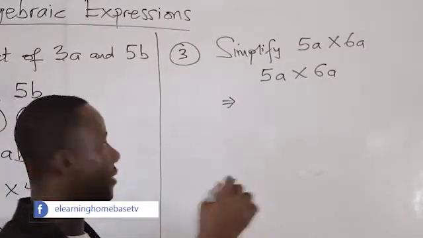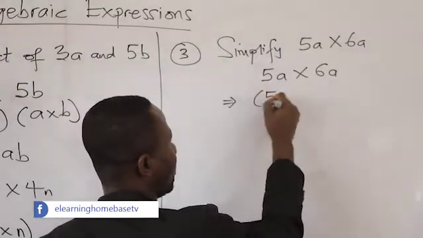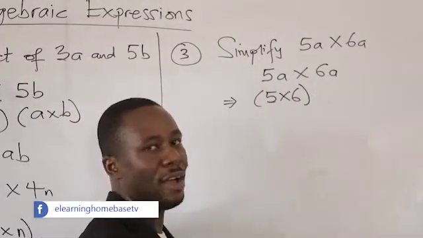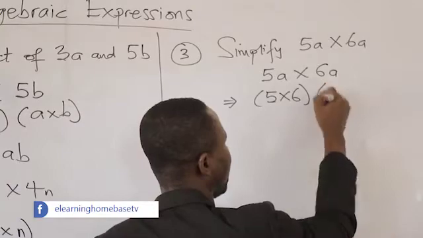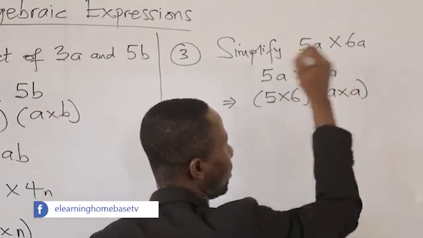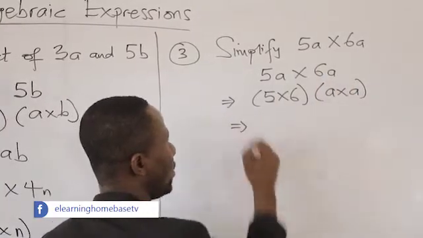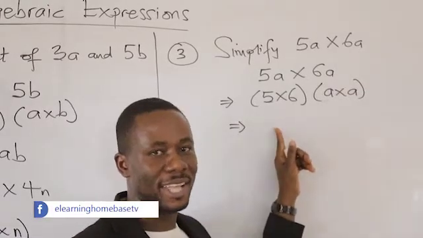Number by number, variable by variable. Five times 6, 30.